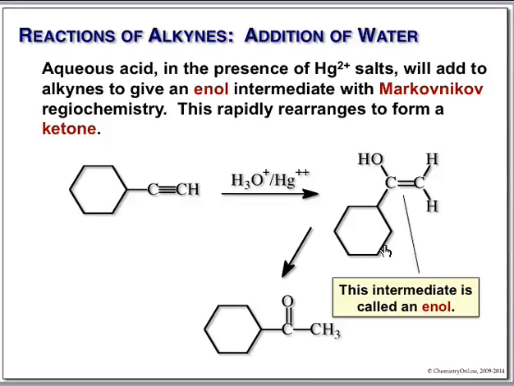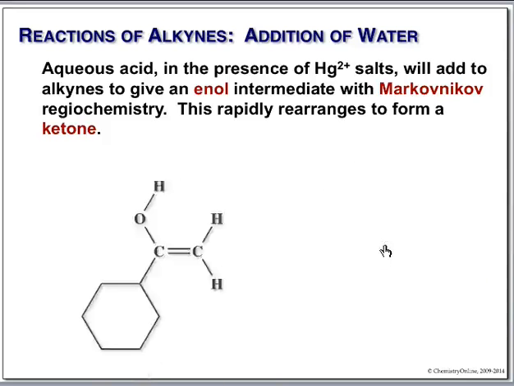Now, how do we do this magic? It's actually very, very simple. This is our enol. What happens is something will pull this proton off. These electrons will move in to form a double bond. These electrons in the double bond will move out, and they will pick up a proton.